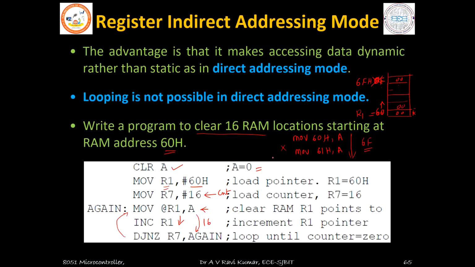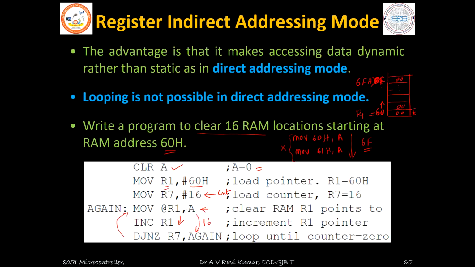It is burdensome, not good looking, and takes a lot of time and a lot of instructions to execute. So I can minimize the length of the program by using indirect addressing mode.